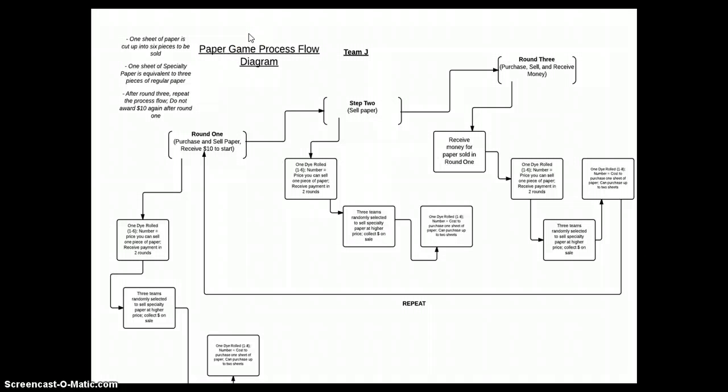We got to decide how much regular paper one piece of specialty paper will be worth, and we decided that our specialty paper will be equivalent to 3 pieces of regular paper. And after round 3, we repeat the process flow and do not award $10 again after round 1.